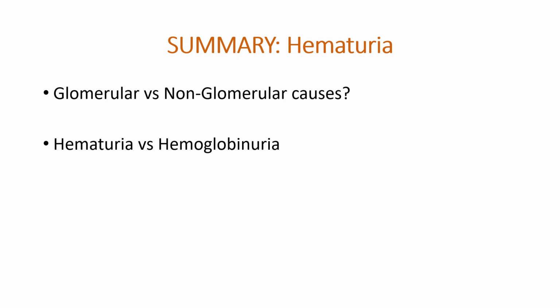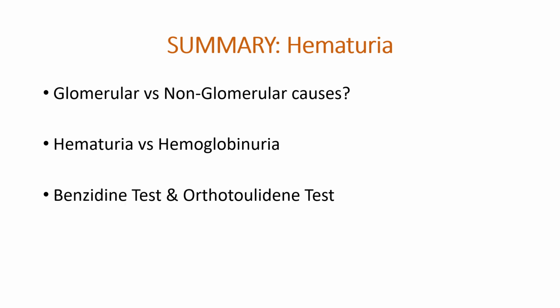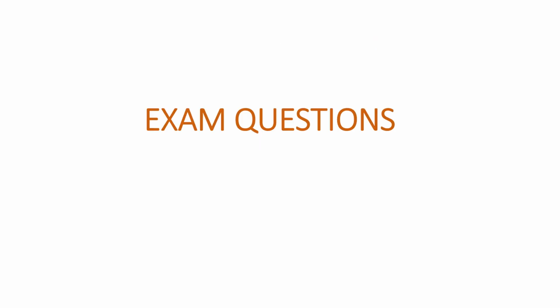You separate them by doing microscopic examination. In hematuria you will see RBCs, whereas in hemoglobinuria you will not see RBCs. And then you have two types of test. One is the benzidine test and the other is the orthotolidine test. The orthotolidine test is very similar to the benzidine test. Instead of benzidine, we just put orthotolidine, which binds the oxygen and changes color. So that would end all the discussions that we had.